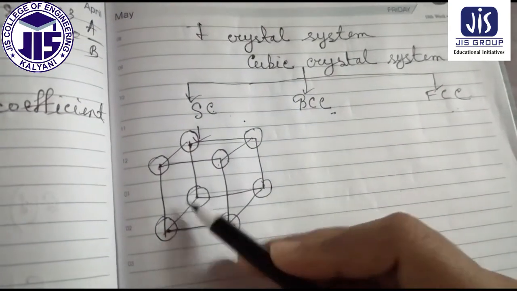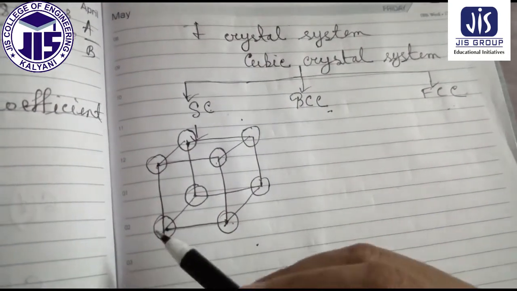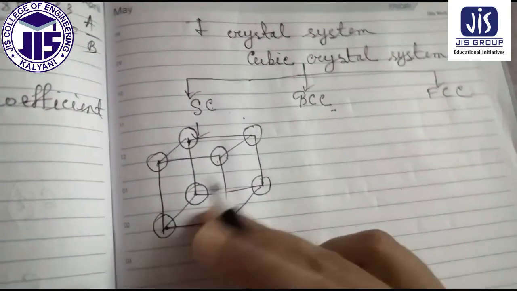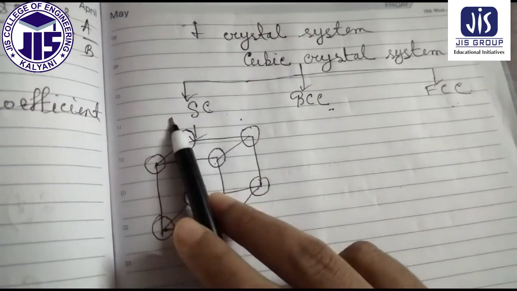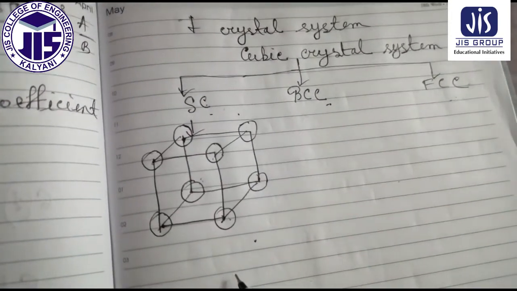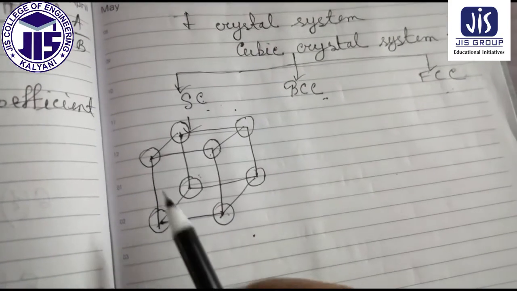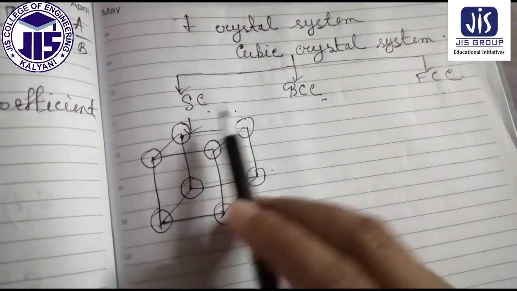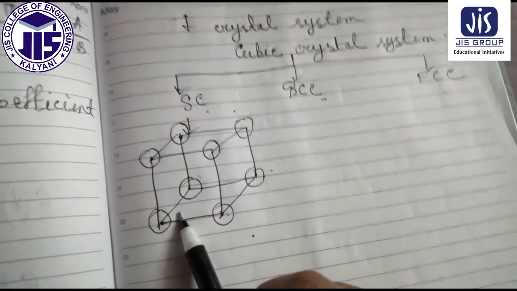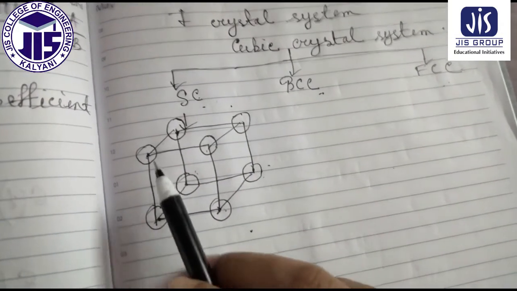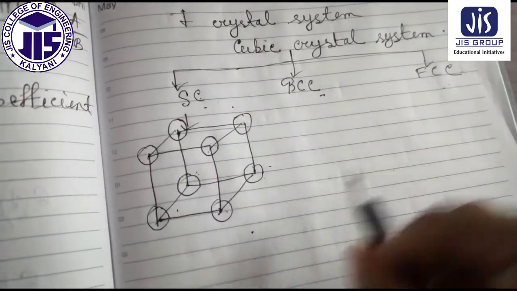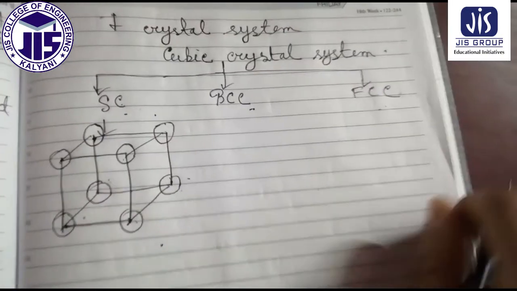So a total of 8 atoms are at the corners. So this is called simple cubic crystal. This is simple cubic: the unit cell is cubic shaped, and at the 8 corners there are 8 atoms.